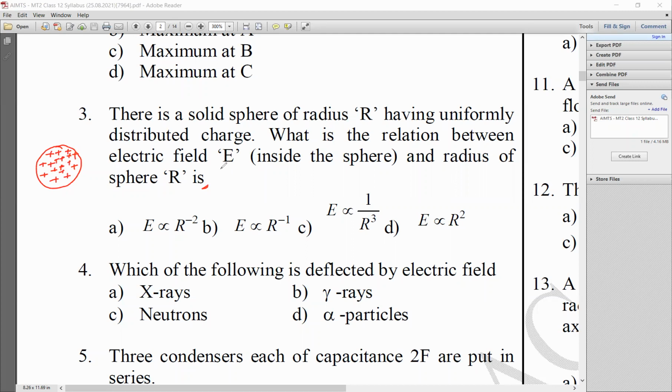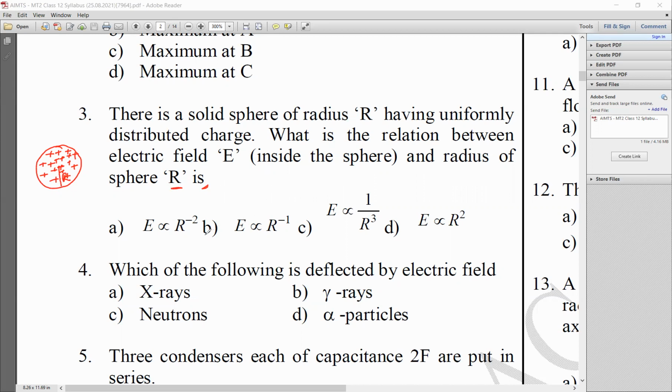Fine. Radius is given r. What is the relation between electric field E inside the sphere and radius of sphere r? See, they are asking inside the sphere and radius of sphere.